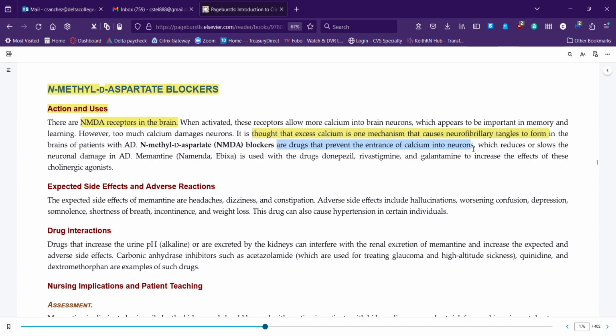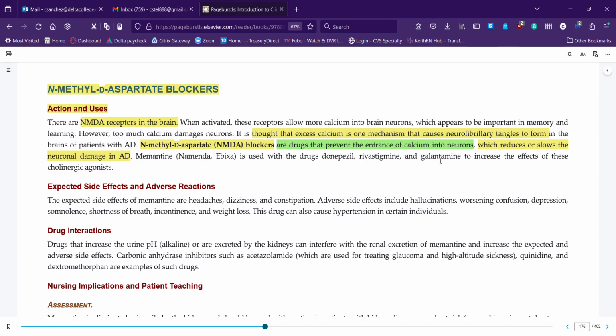Okay, so if the calcium's not getting in there, then it's going to decrease the tangles, or it's going to slow the amount of damage from those tangles. So if it prevents the calcium, then it's going to reduce or slow that damage to the neurons.